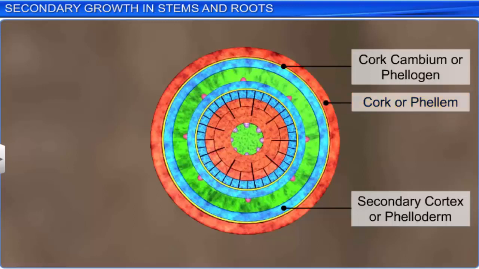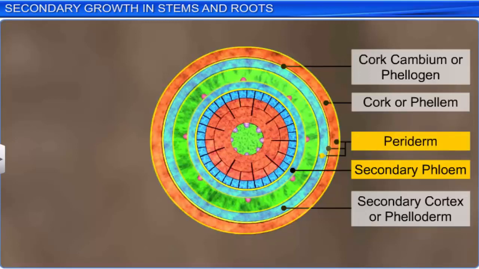Tissue resulting from secondary growth in the cortex, namely cork, phellogen and phelloderm, are collectively called periderm. Tissues outside the vascular cambium, which include the secondary phloem and periderm, are typically known as bark.